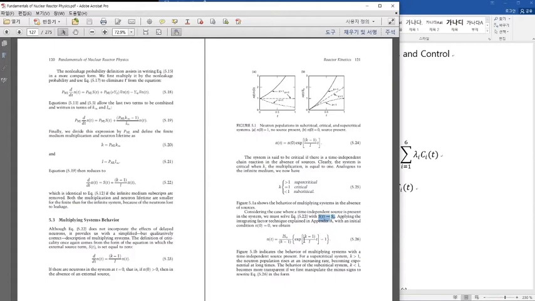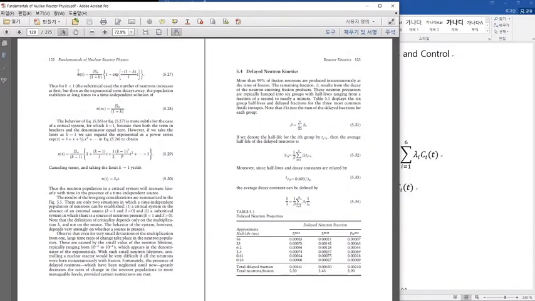The first one is when k is bigger than 1. Then what we realize is that the neutron density will infinitely increase, of course. For a subcritical system, when k is smaller than 1, then n(t) is just like this.